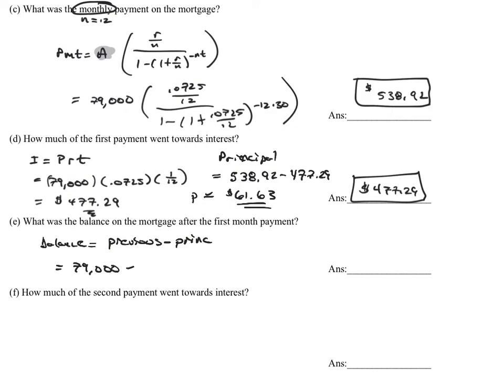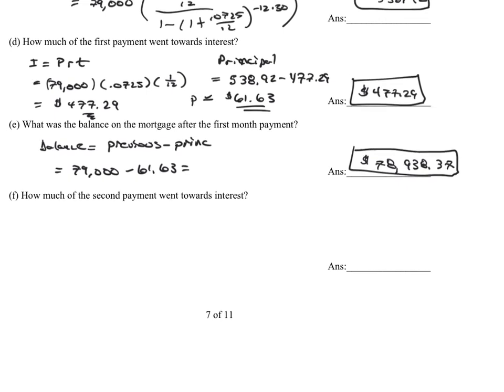Minus the amount that went towards principal, $61.63. I'm ending up with a new balance of $78,938.37. So after I've made my nearly $540 payment, I still owe nearly $79,000, essentially what I owed originally.